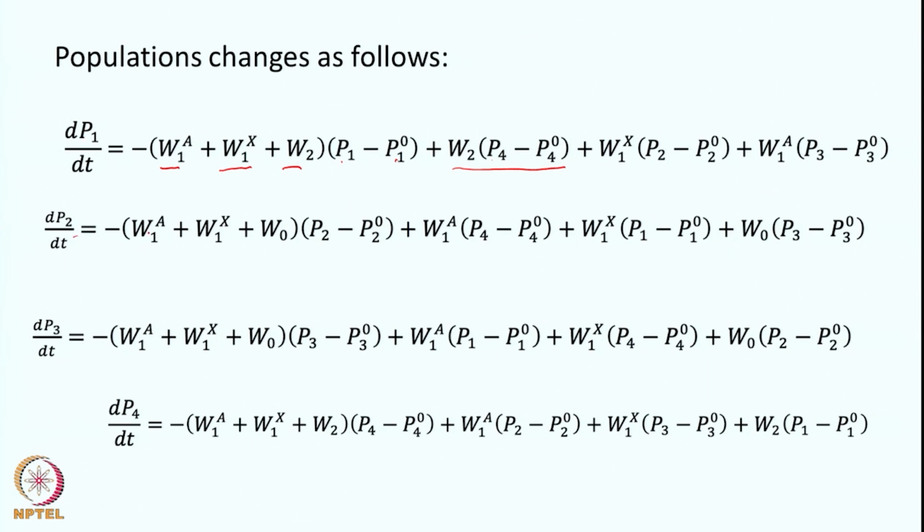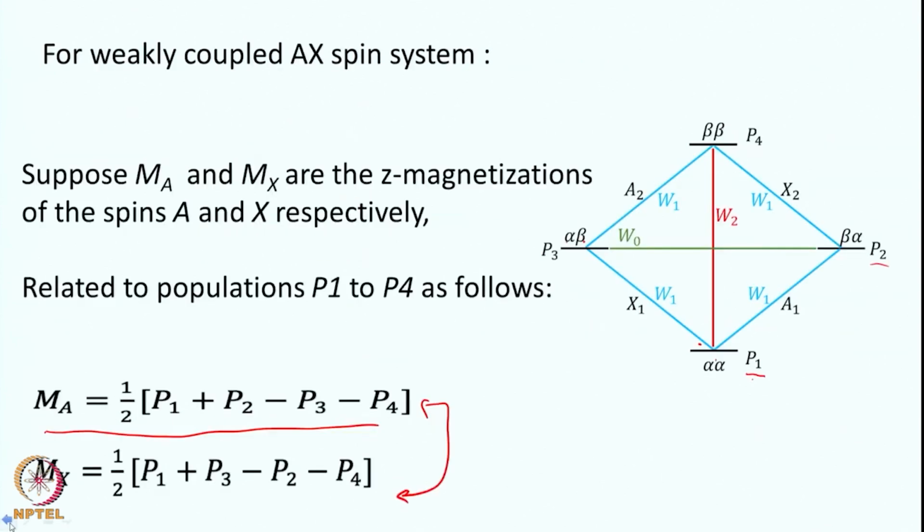So, again here it will be a single quantum transition, and this 0 quantum transition will be multiplied with the population of P2. I will just go and explain this, this is the P2. So, here 0 quantum transition means transition happening from alpha beta state to beta alpha state.